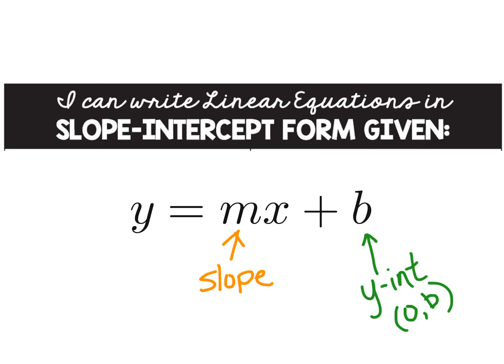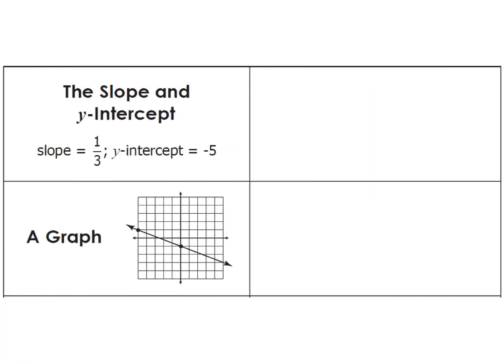Let's go right into the first kind, which is writing the equation if they give us a slope and a y-intercept. Okay, so here's my slope, 1/3. So we are starting from y equals mx plus b. If they give me the m, then I'm going to plug it in where the m is.